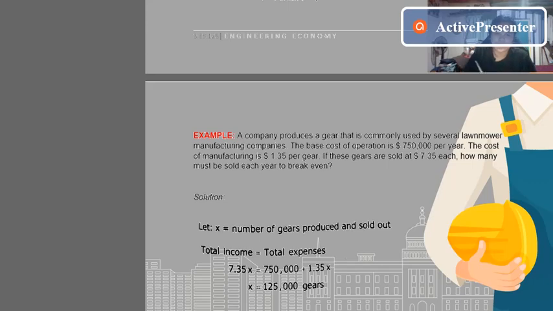So in our problem, we are given the manufacturing cost per gear and the selling price of the gears, and we have our base cost of $750,000 for the cost of operation. So let X be the number of gears produced and sold.